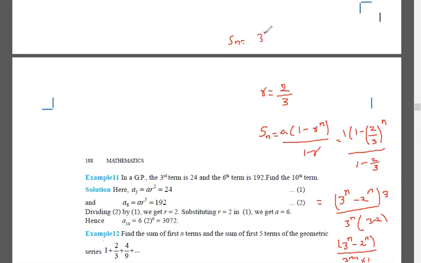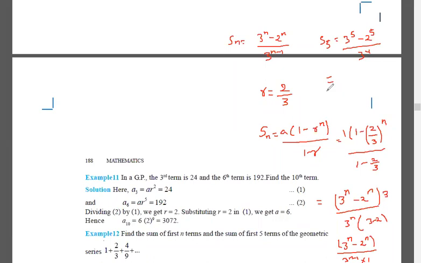Sn is 3 to the power n minus 2 to the power n divided by 3 to the power n minus 1. Got it? This is Sn. Now S5. It is 3 to the power 5 minus 2 to the power 5 divided by 3 to the power 4. Formula putting getting. Got it? Yes or no, guys?